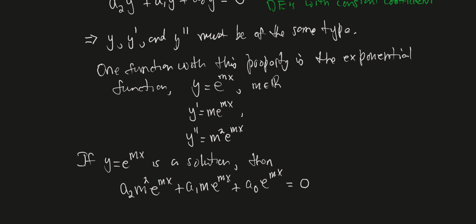Okay, so now we're kind of making progress, because if you notice what's happened, the terms that involve the x are all now exponential. In fact, they're all of the same exponential, so I can actually factor out an e to the mx. So if I factor out an e to the mx, what do we have left? We have a2 m squared plus a1 times m plus a sub 0, and then that's equal to 0.